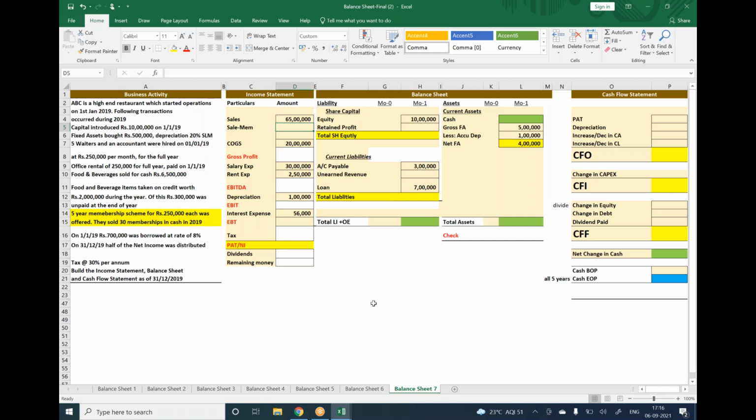Let us see. 5 years membership, each person will get 2.5 lakhs. So 2,50,000. But how many members are there? 30. So that is nothing but 2,50,000 into 30, which is around 75 lakhs.